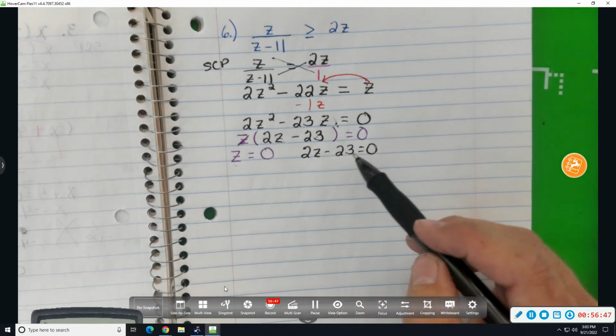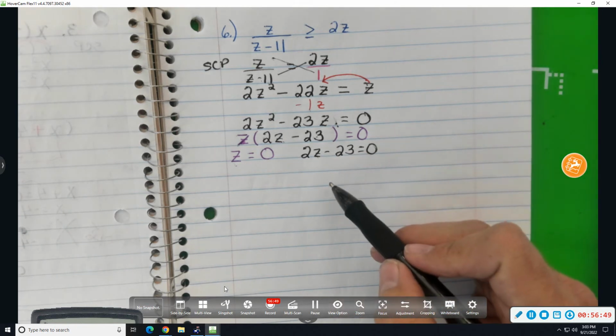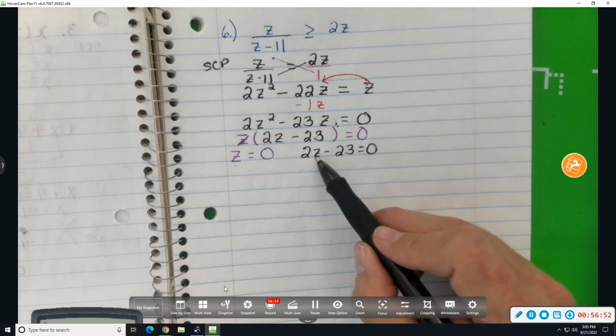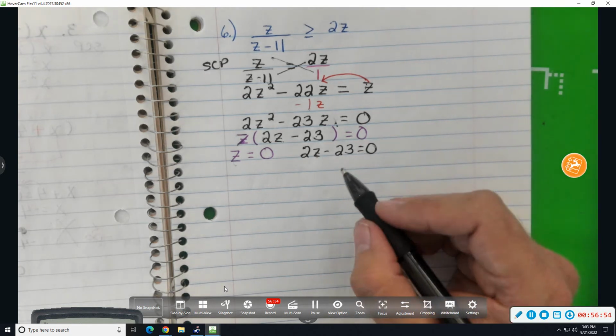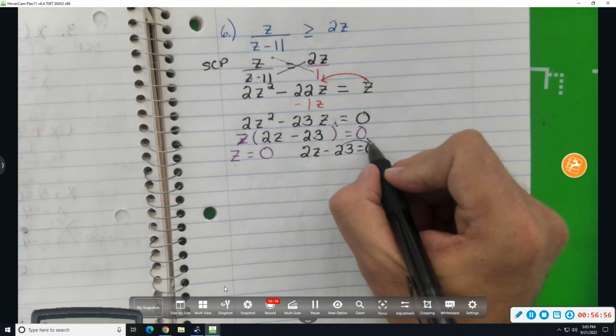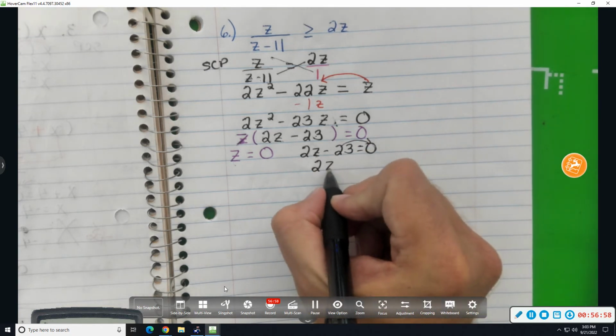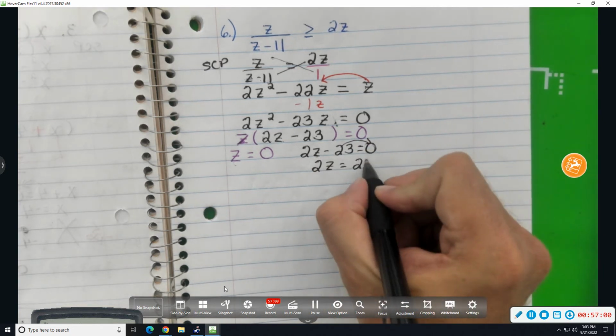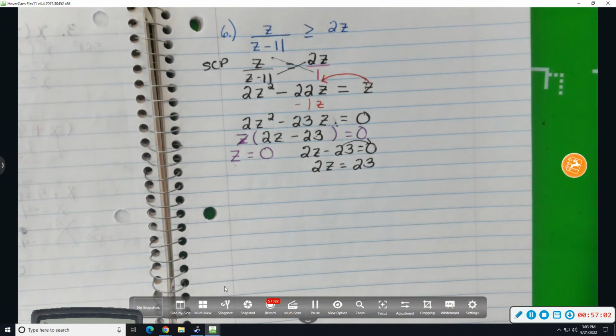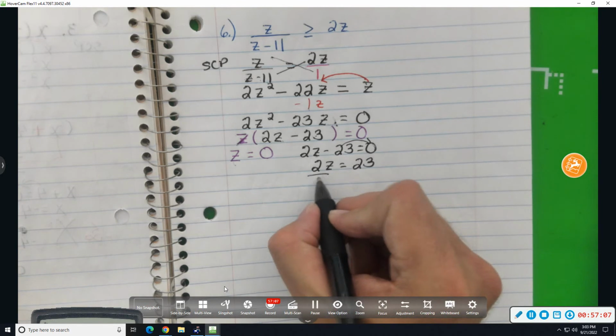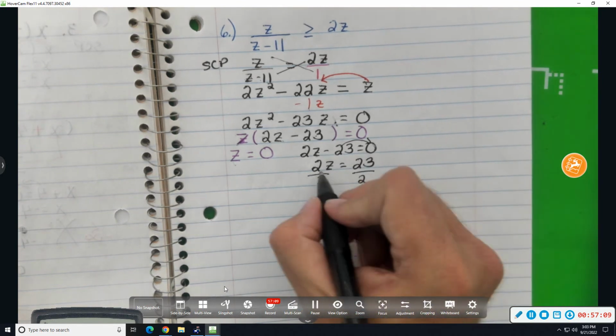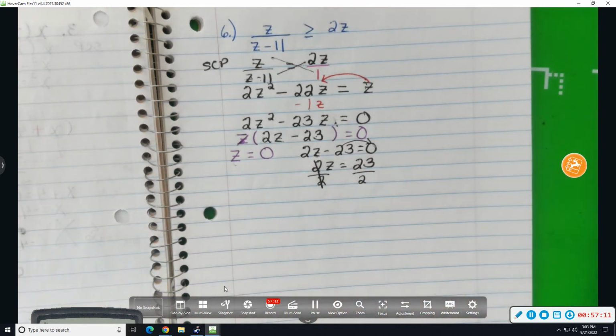What would I need to do? How would I isolate this z? Add 23, so I'm moving that 23 over. So we have 2z equals positive 23. And then what? Divide by 2. So 23 over 2.